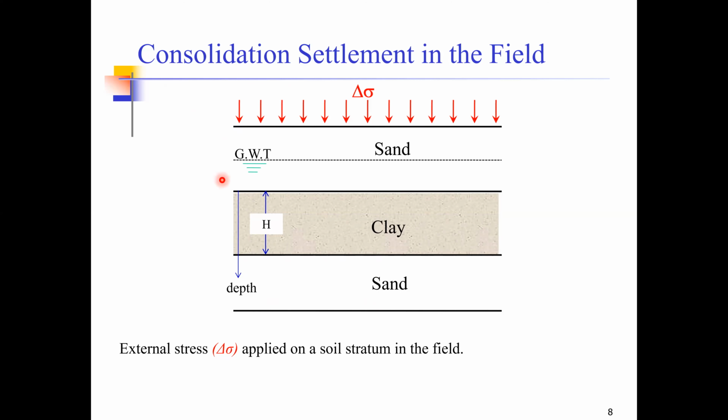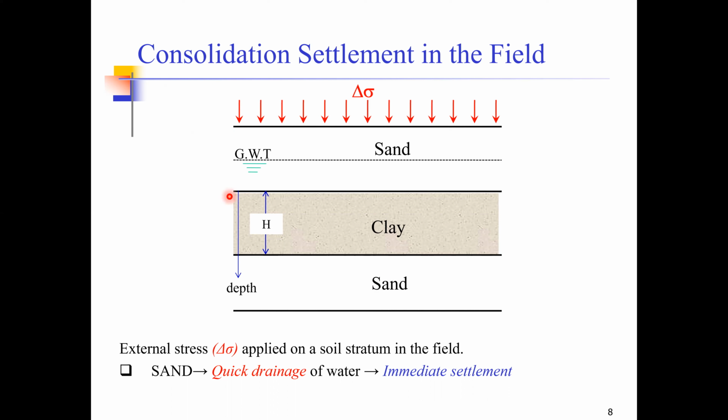When the sand layer gets compressed, because of its high permeability there would be very quick drainage and there will be immediate settlement in the sand layer. Whereas in the clay layer, because of the applied stress, the layer would try to get compressed.